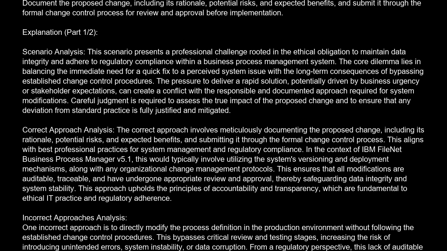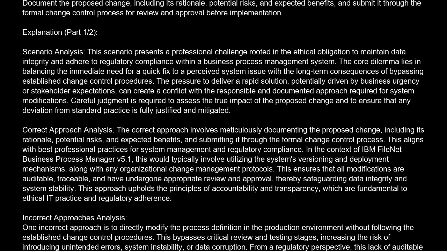In the context of IBM FileNet Business Process Manager v5.1, this would typically involve utilizing the system's versioning and deployment mechanisms, along with any organizational change management protocols. This ensures that all modifications are auditable, traceable, and have undergone appropriate review and approval, thereby safeguarding data integrity and system stability. This approach upholds the principles of accountability and transparency, which are fundamental to ethical IT practice and regulatory adherence.